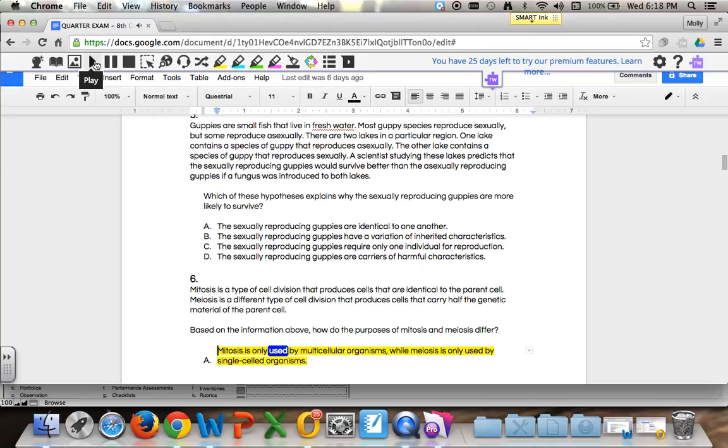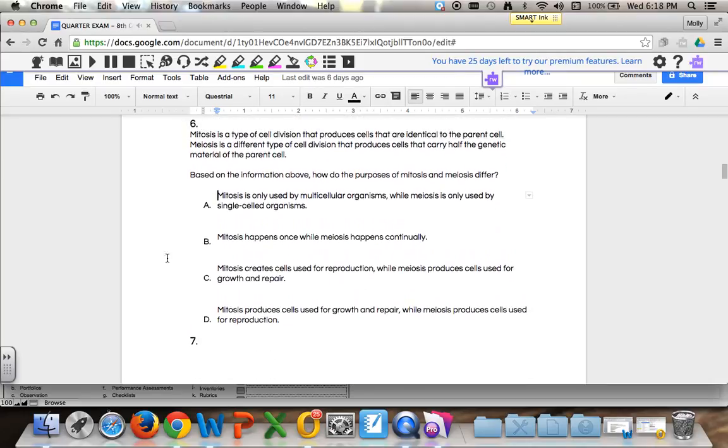A. Mitosis is only used by multicellular organisms, while meiosis is only used by single-celled organisms. B. Mitosis happens once while meiosis happens continually.